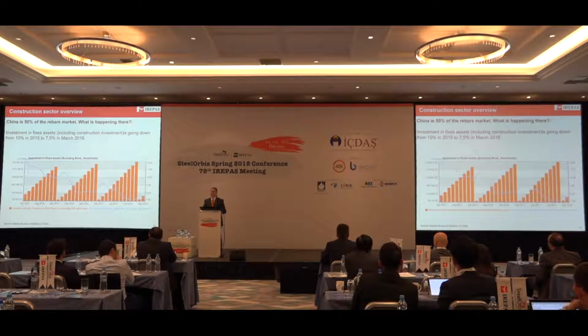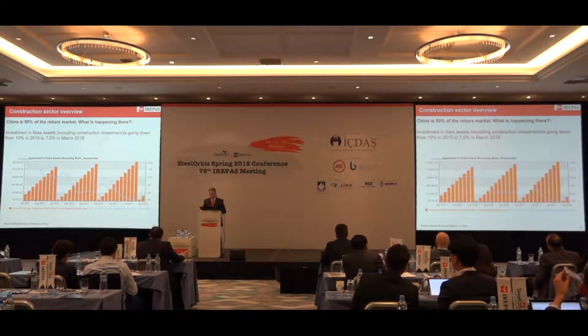But ladies and gentlemen, it's decreasing from 12% at the beginning of 2016, and now it's only at 7%. You can imagine what a growth of 7% in the investment in fixed assets in China means. This will guarantee a nice consumption of rebars in China for the coming months and maybe one or two years.